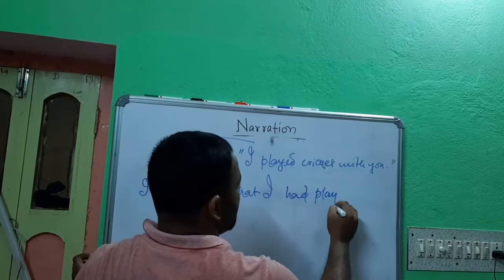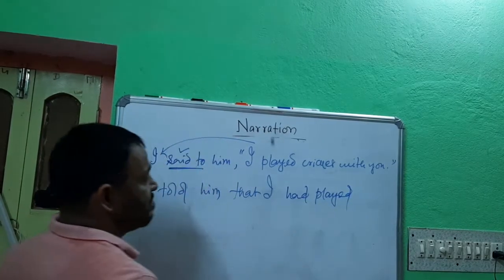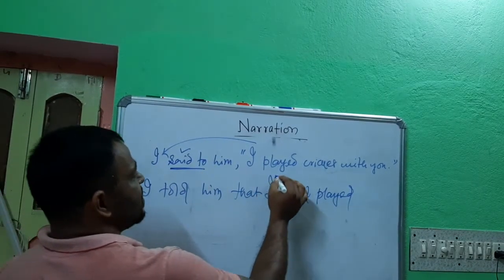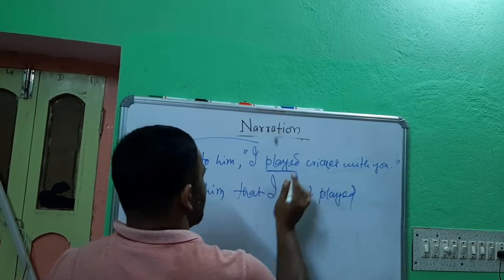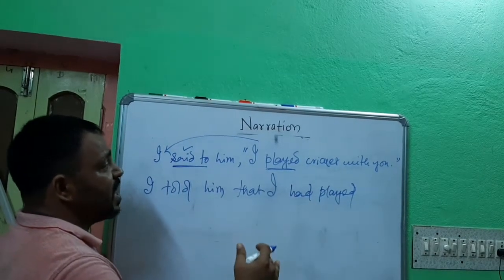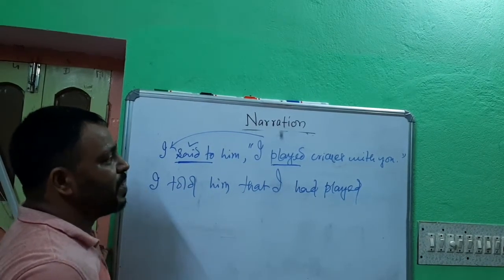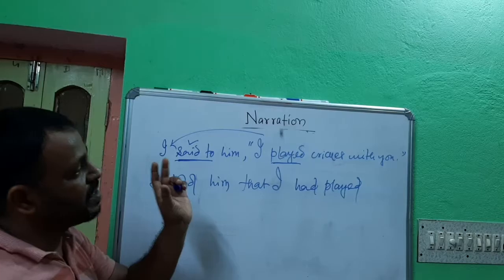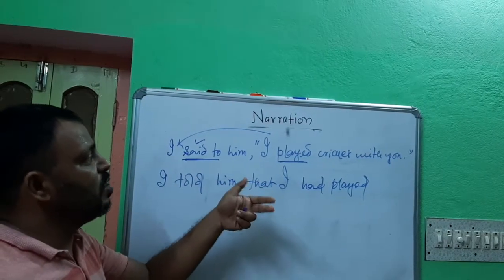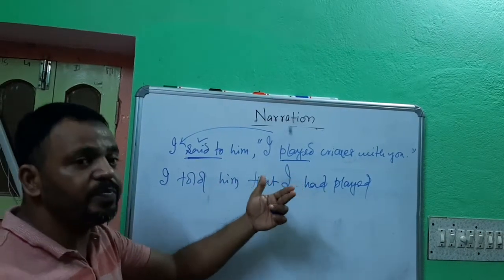I will discuss why it is used: this action was completed before the other verb. So according to the rule of past perfect tense, the older verb is converted to past perfect.